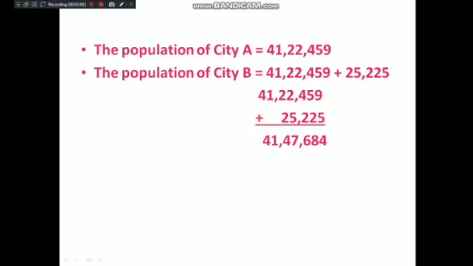Here only 2 digits are remaining. Write down the digit 1 and 4. So your answer is 41,47,684. 684 is the population of city B.